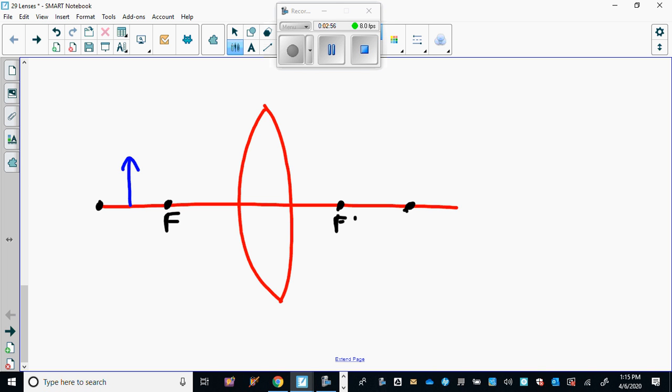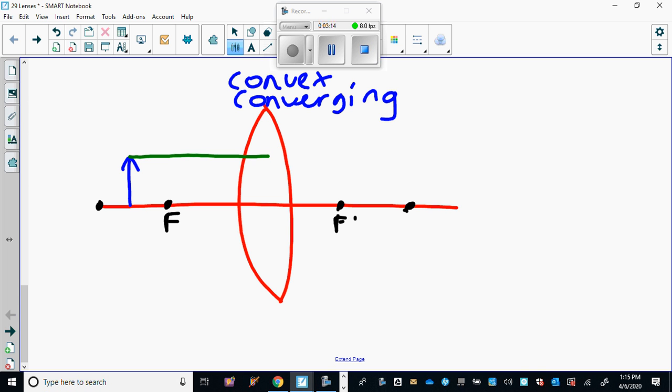There's our object. Now remember, this is a convex lens, and convex lenses are converging. And we're going to apply the rules that we learned in mirrors. So the first rule said that if you have a light ray that runs parallel to the principal axis, and for lenses, we're going to go to the center of the lens, then that ray will refract through the focal point.